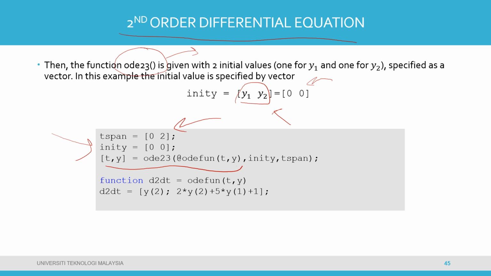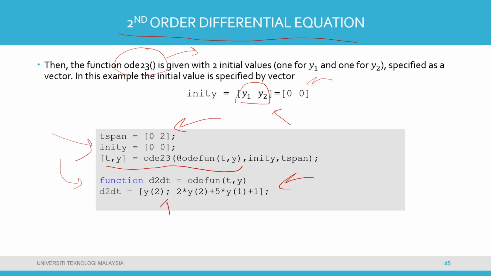So function ODE. For this case, you separate this. I think this one is not anonymous. Oh, this is anonymous. Okay. So this is not using anonymous. You just separate it only to a function. So basically, you can see here it is written.